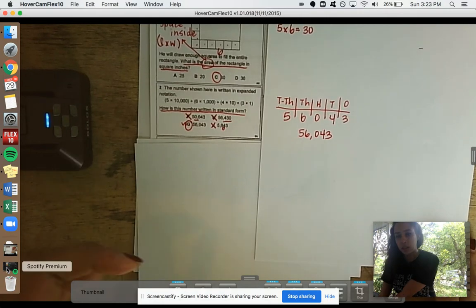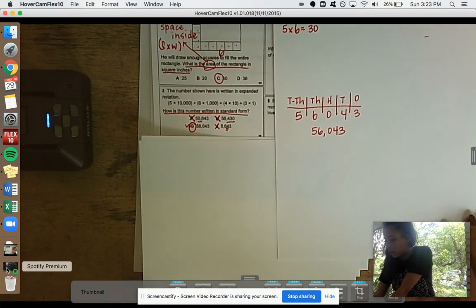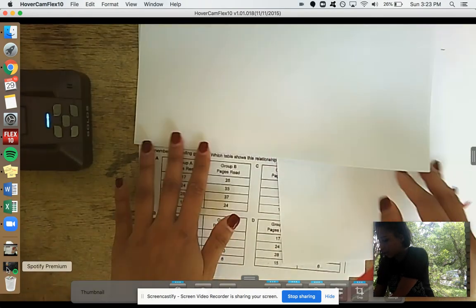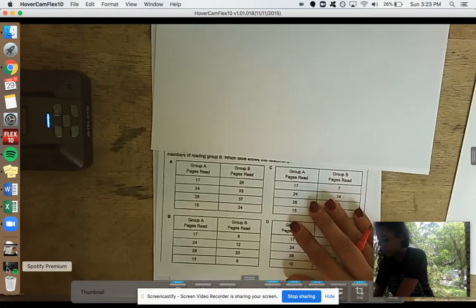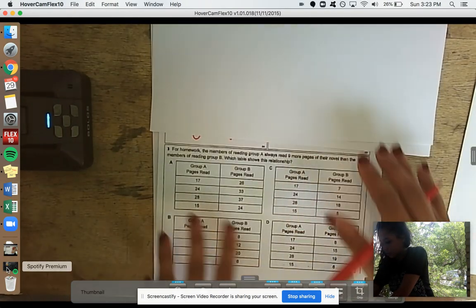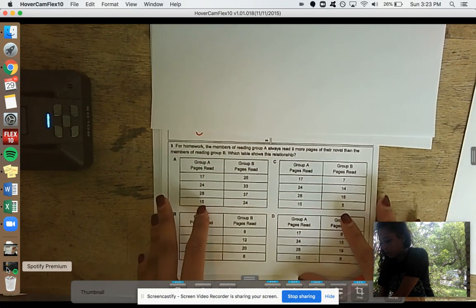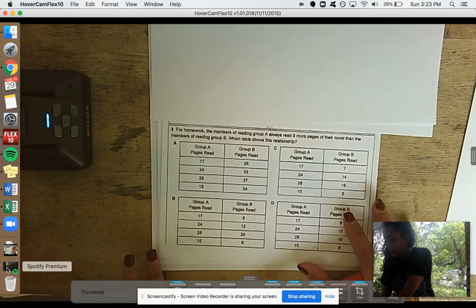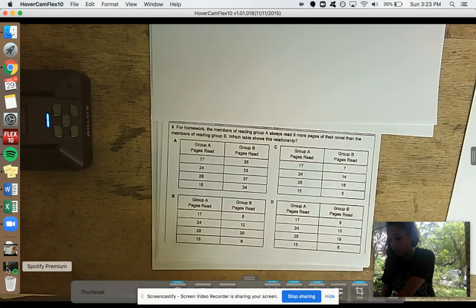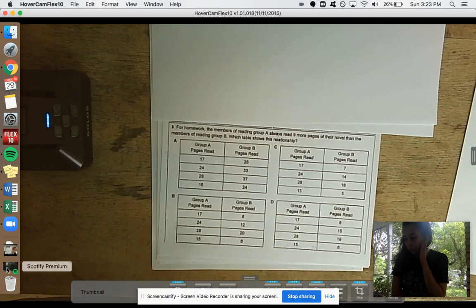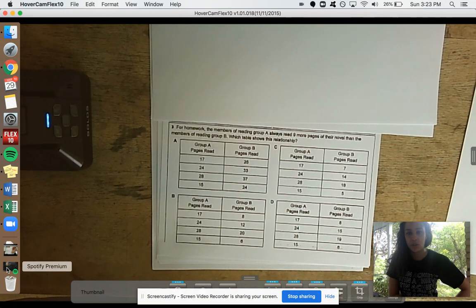Let's keep going. The last one we're going to check on the countdown to star page is problem number 3. For homework, the members of reading group A always read 9 more pages of their novel than members of reading group B. Which table shows this relationship?